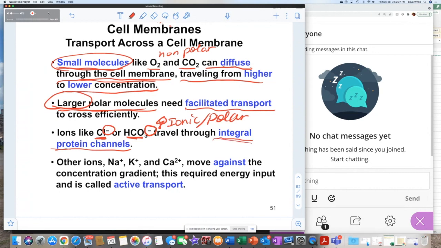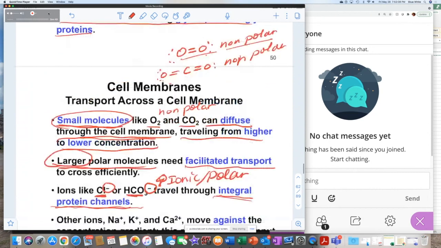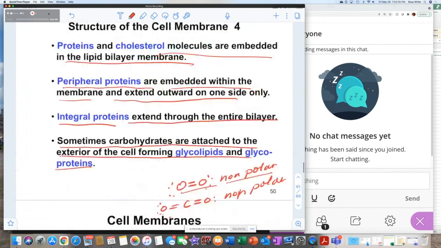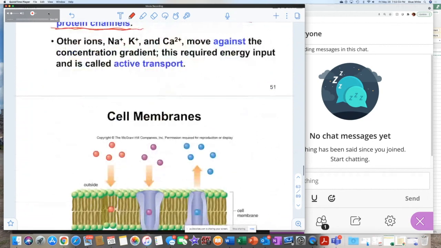They need the help of the integral protein channels because the protein channels essentially provide a means for things that are ionic or polar to travel through without them having to interact with the nonpolar region. Remember, when these chemicals have different natures, they don't want to deal with each other. Polar doesn't want to deal with nonpolar and vice versa. It's not personal, it's chemical.